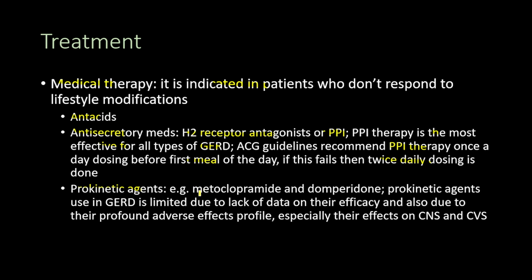Examples for those are the metoclopramide and the domperidone. And the use of prokinetic agents in GERD is limited due to lack of data on their efficacy, and also due to their profound adverse effect profile, especially their effect on the central nervous system and cardiovascular system.